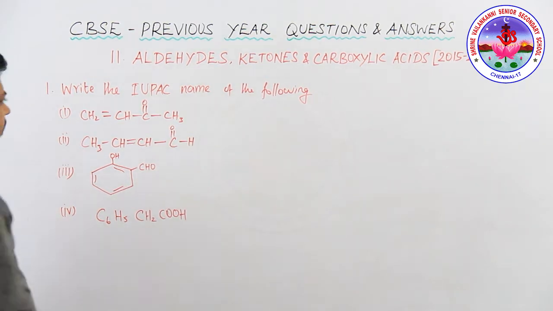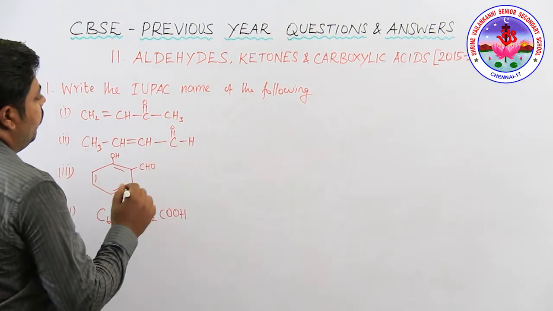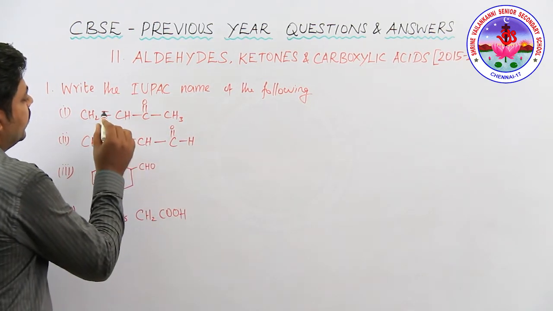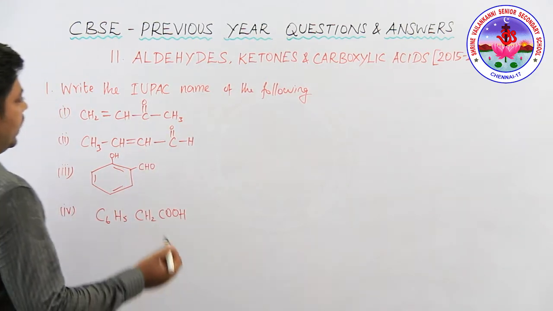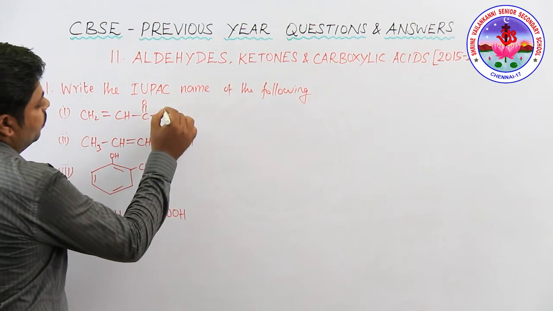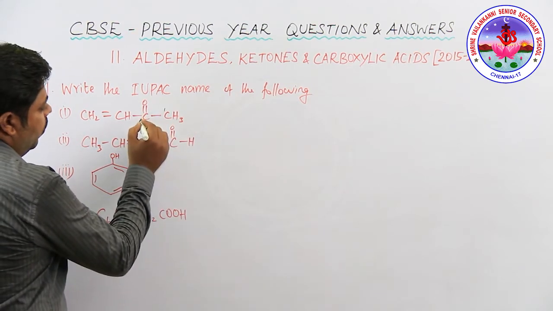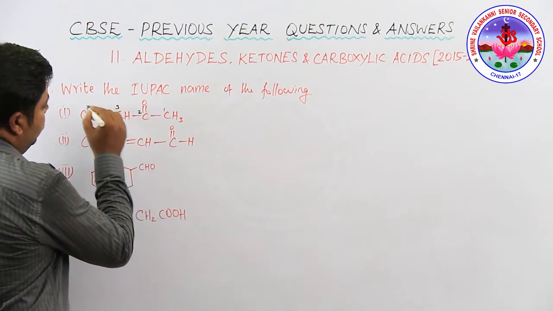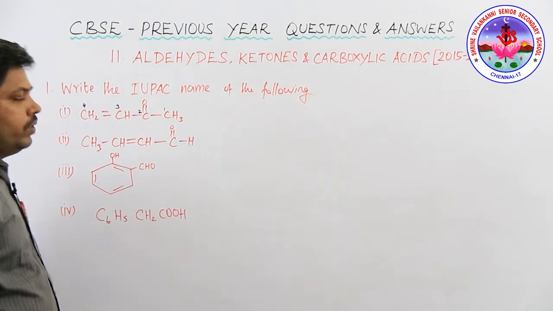Now the first compound is a ketonic compound. A double bond is present here and the ketone group is present here, so the ketonic group gets the priority. So you have to give the numbering in this way: 1, 2, 3, 4. Four carbons means the word root is but.